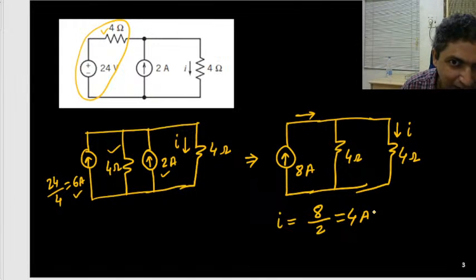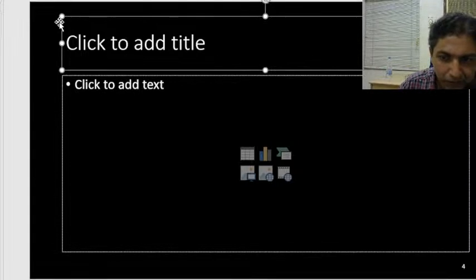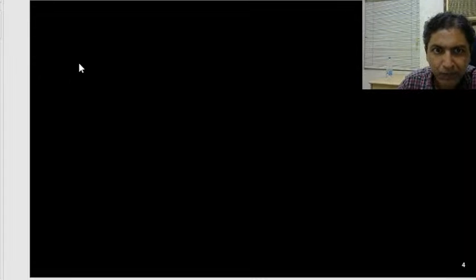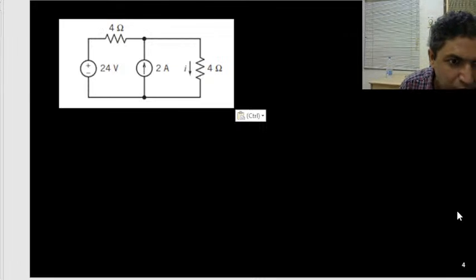Okay, can you use the superposition principle? So here, just 1 minute. So the same circuit we want to solve using the superposition principle.